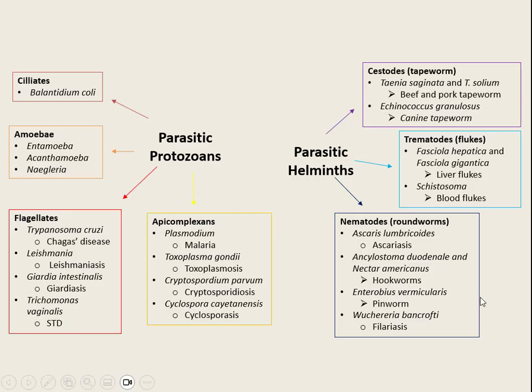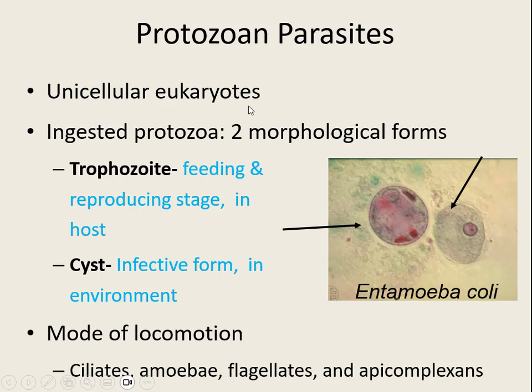So again, lots of parasites we're going to cover, and this is not even close to all the parasites that are out there. We're going to talk about the most common ones that either you or your patients may encounter. We again divide them into the two groups, the protozoans, which I'm going to talk about in this lecture recording, and then the helminths, which I'll talk about in the next recording.